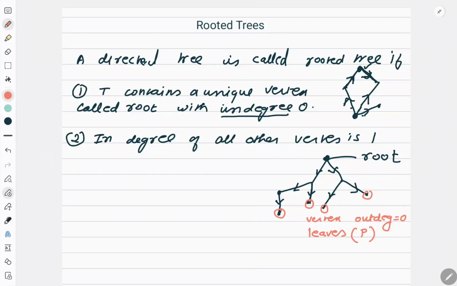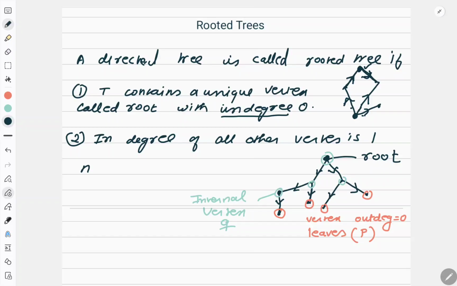Apart from leaves, whatever vertices are available, including the root, are known as internal vertices, and they are represented by Q. Overall, all the vertices are represented by N, that we already know.